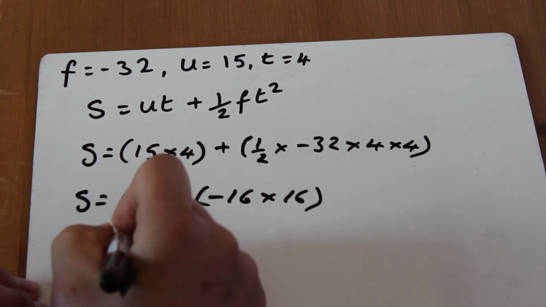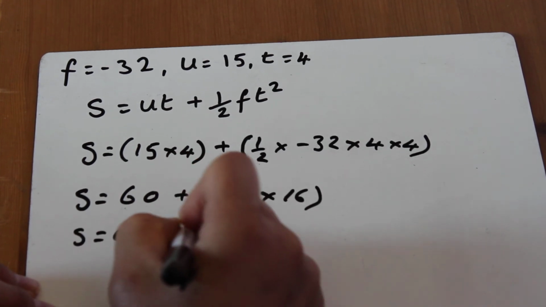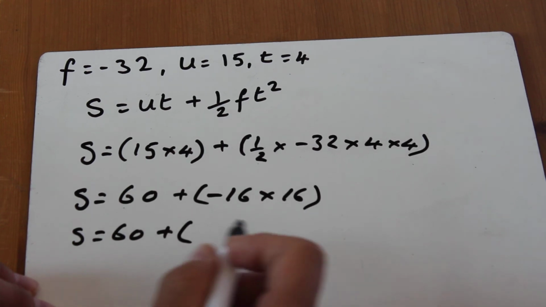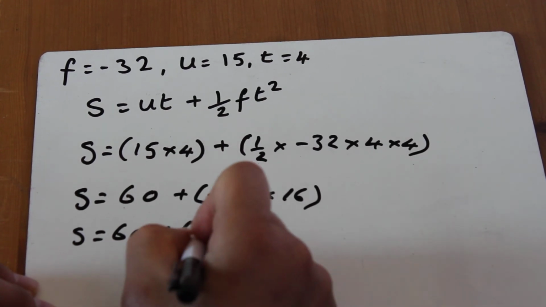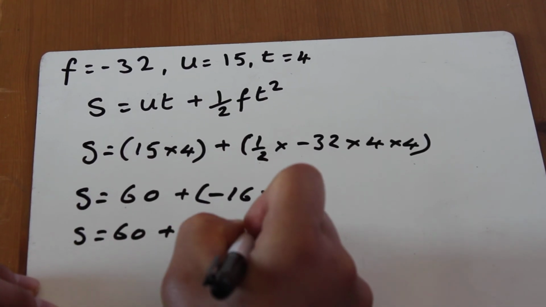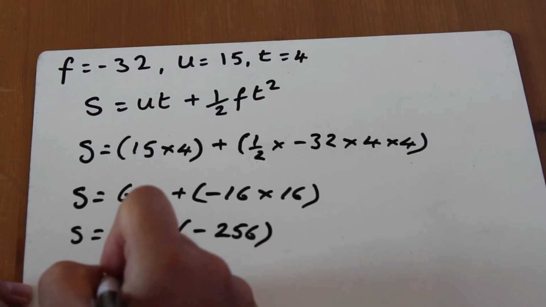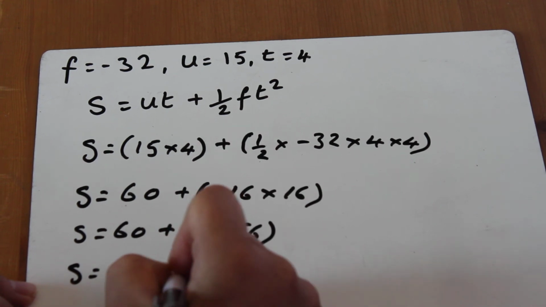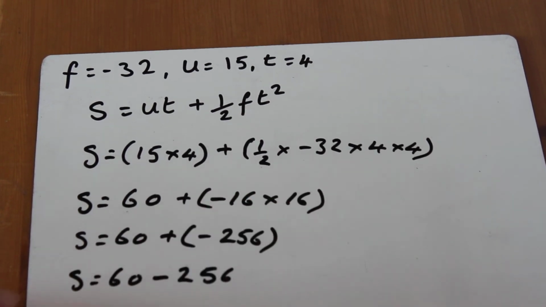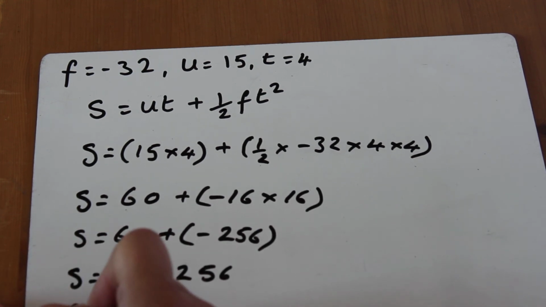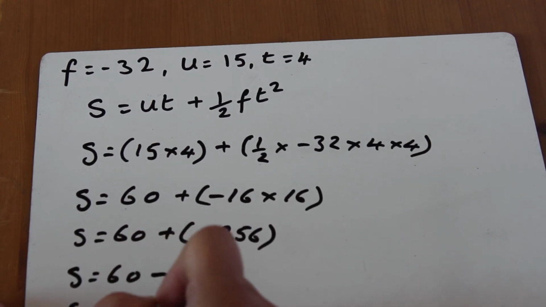So S is equal to 60 plus, and then I'm going to keep all of this. So 16 squared is 256, but it's a minus sign as well, so it's a minus 256. So that means that S is equal to 60 take away 256, which gives me a value of minus 196.